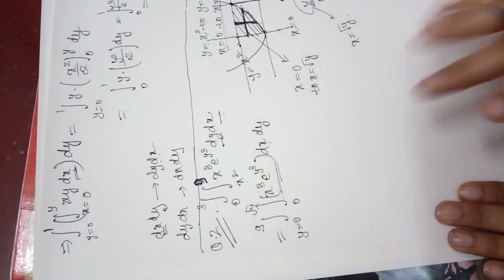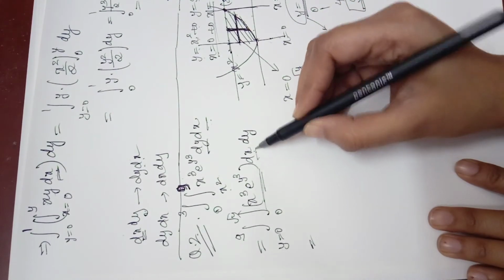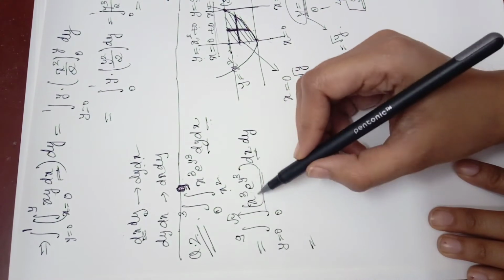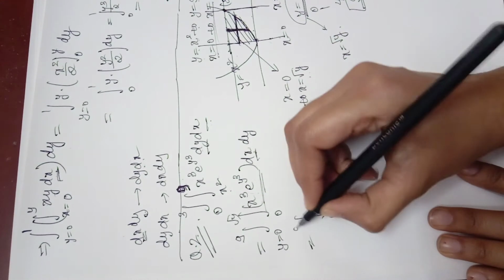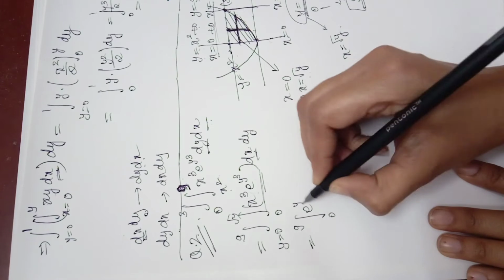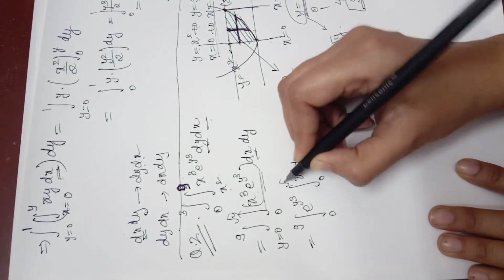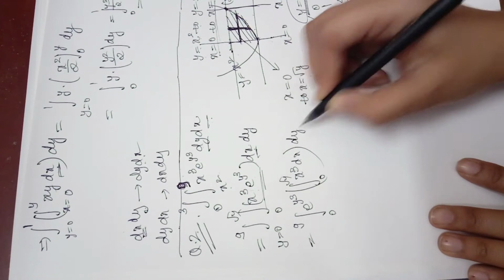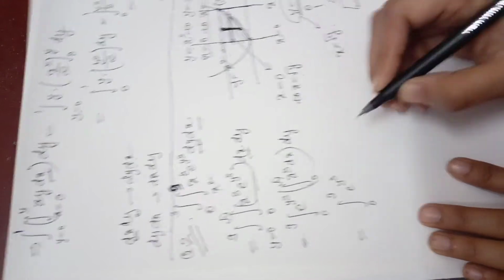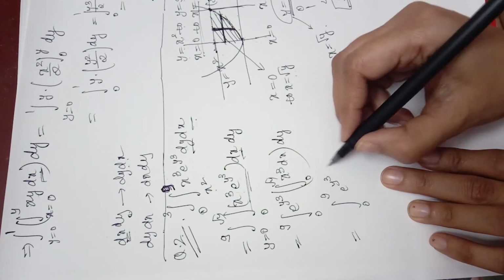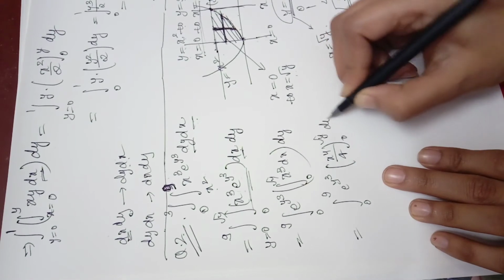Okay, clear? Now it's very easy to solve because the only function of x is this thing, right? This is y. It can be taken outside. 0 to 9, e to the power y cube outside, x cube dx, 0 to root y dy. Now I'm very sure you can easily solve this, so I'm solving it a little faster. x cube means x to the power 4 by 4, 0 to root y dy.